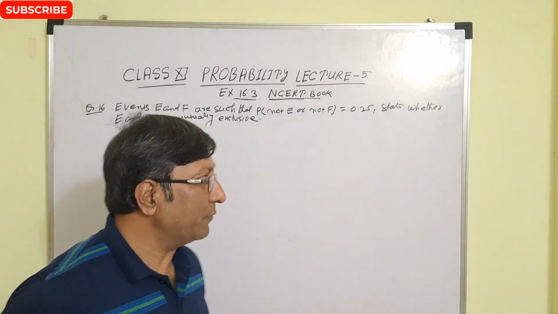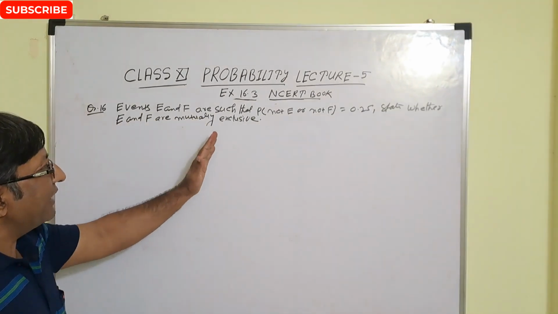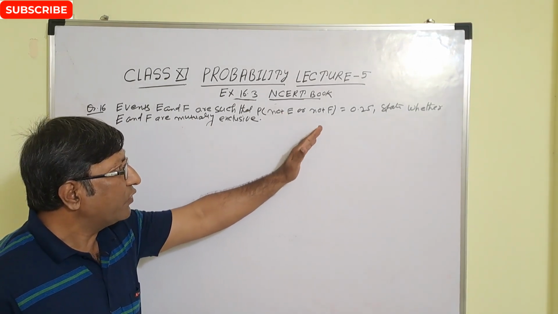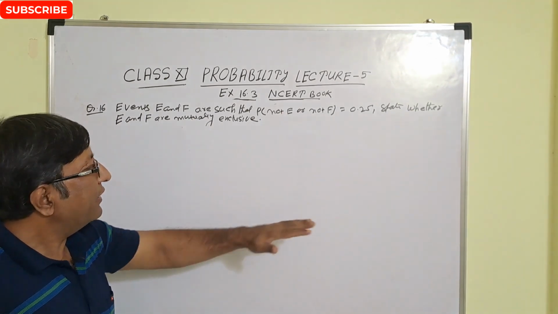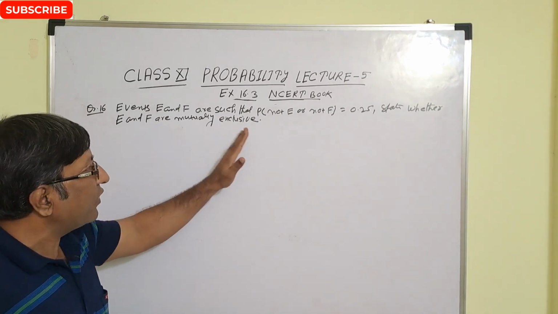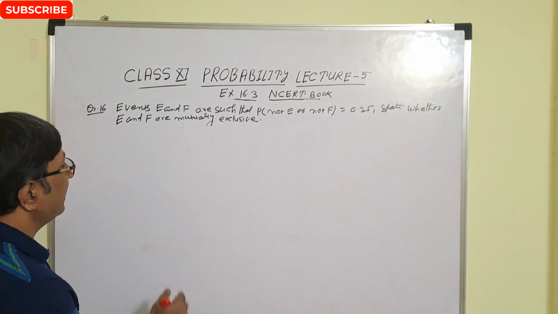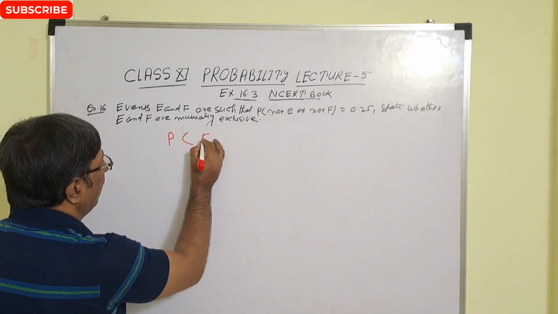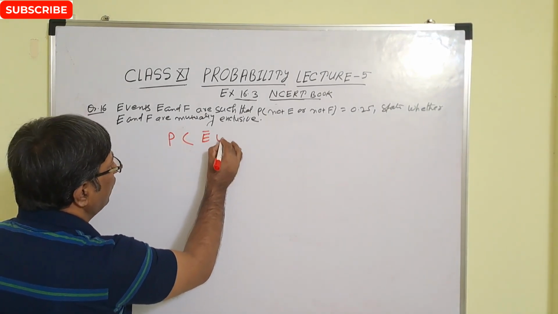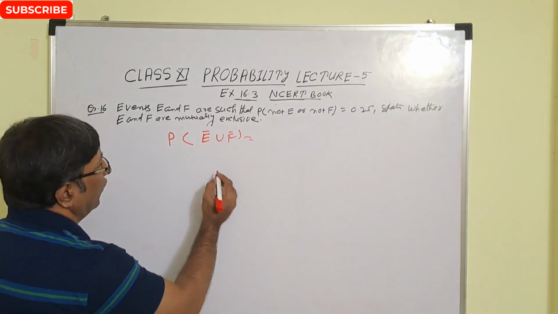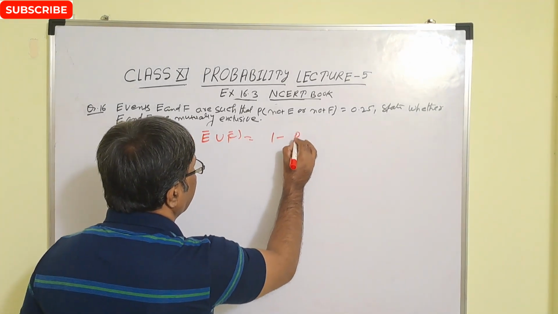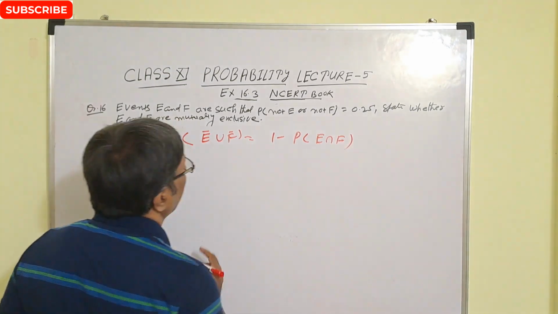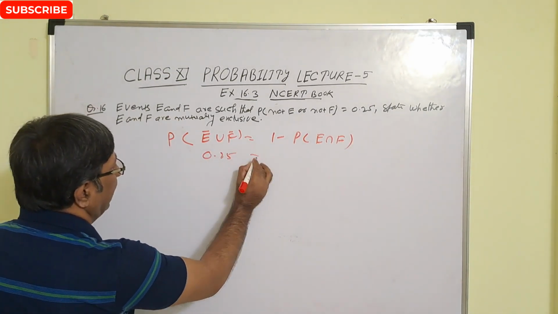Let us see the question. Events E and F are such that probability of not E or not F equals 0.25. State whether E and F are mutually exclusive or not. For this type of question, first you see what is given. Probability of not E or, meaning union, not F. So we know this is what? 1 minus probability of E intersection F. It is given 0.25.